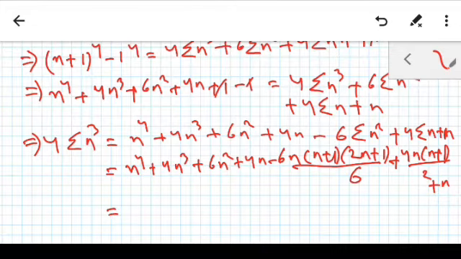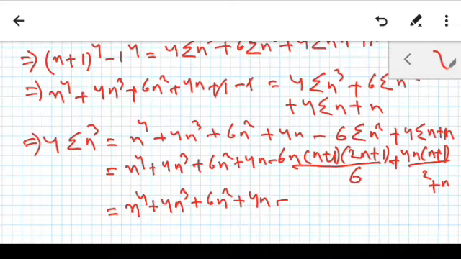Okay? So it is n to the power 4 plus 4n cube plus 6n square plus 4n minus this one. If I multiply in this way, 6 are getting cancelled. This is n square plus 1 n. So it will be n square plus n multiplied by 2n plus 1.